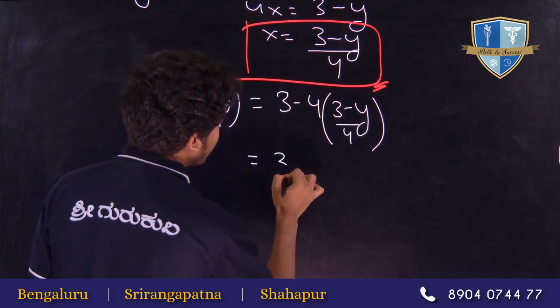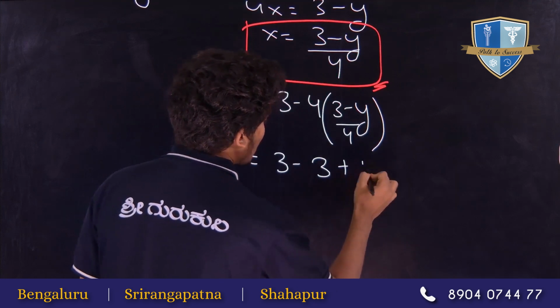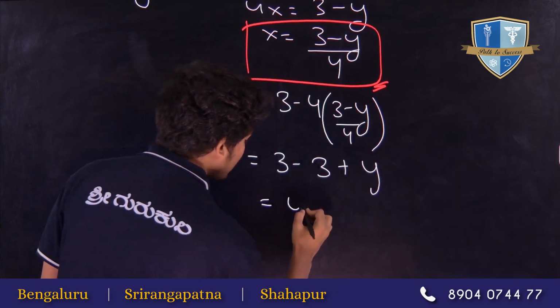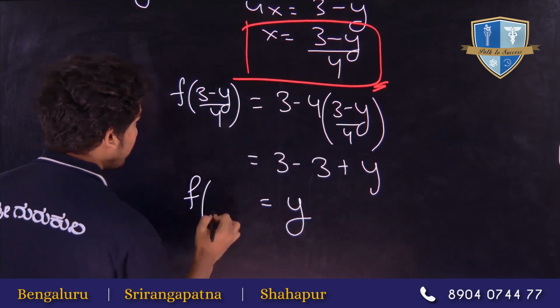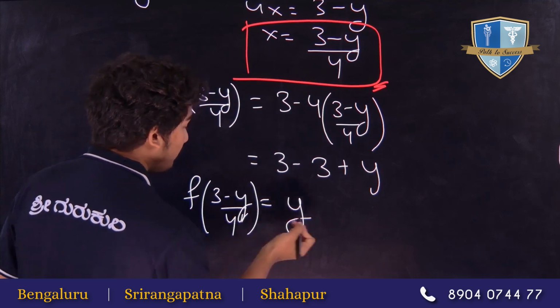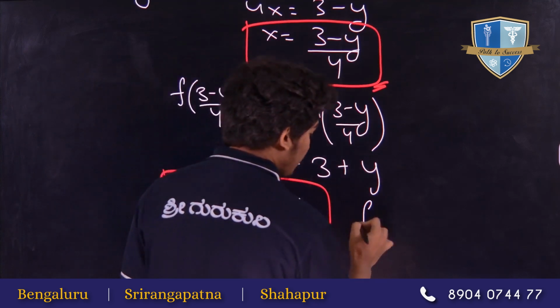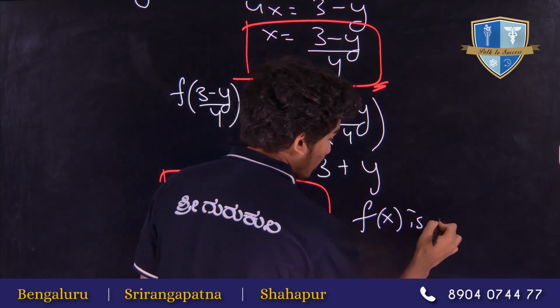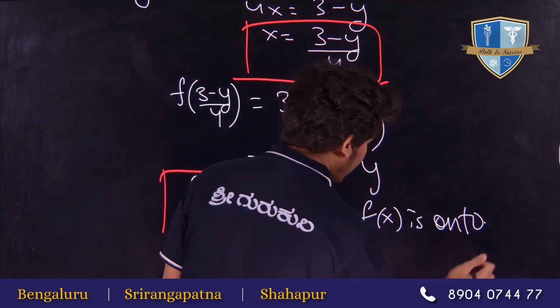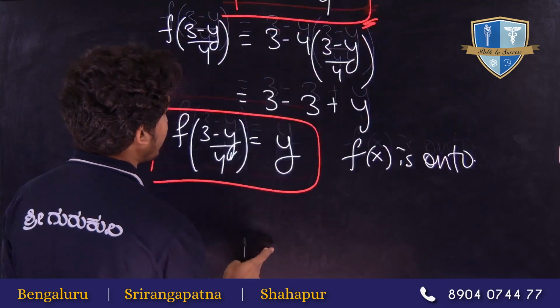This is equal to 3 minus 3, minus minus will become plus y, and 3 will cancel out. This is equal to y. So f of 3 minus y by 4 is giving us the value y, which means f of x is an onto function, and if any function is both one-one and onto, it is a bijective function, correct?